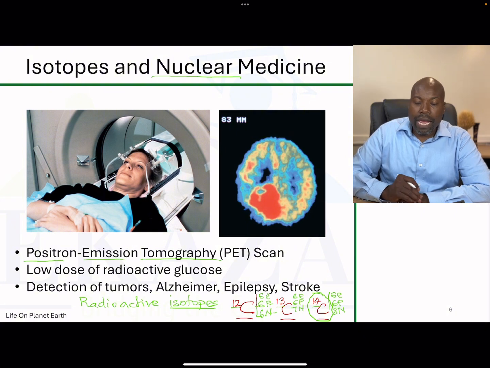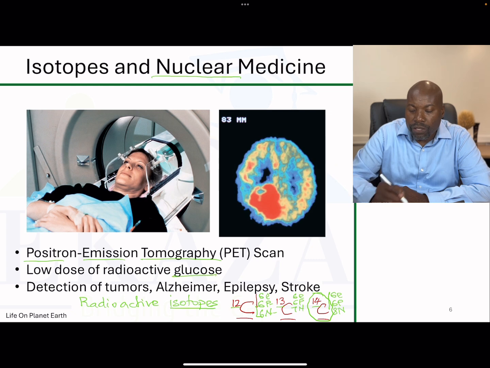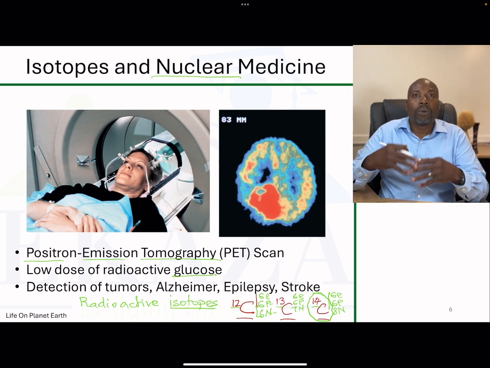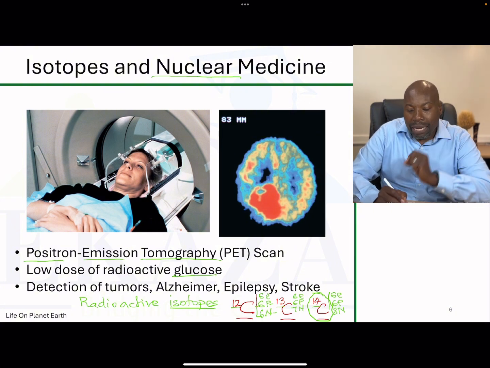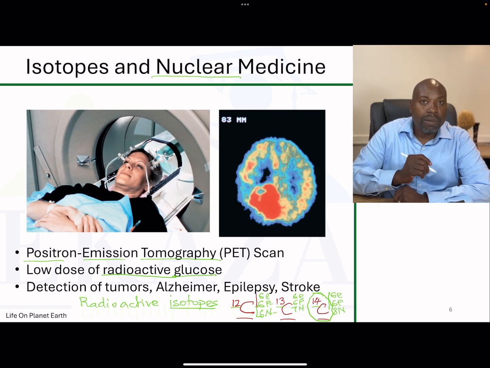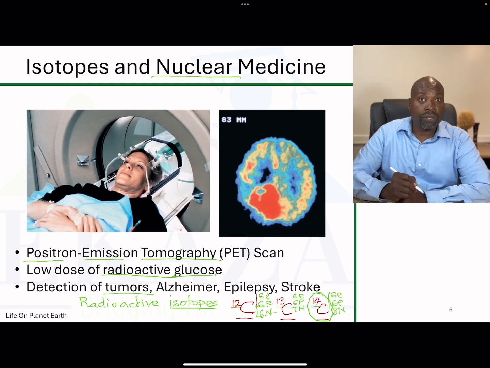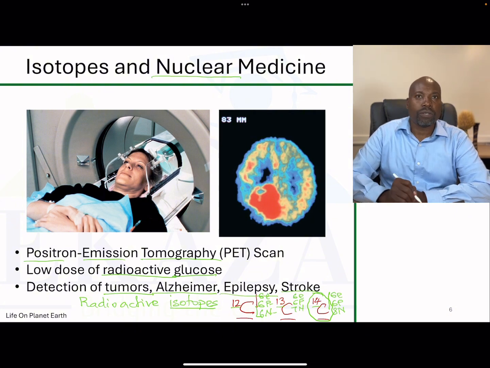Nowadays, we can provide extremely low doses of radioactive isotopes that are incorporated into glucose, for instance. So the patient comes in, we give him a solution of glucose containing a minute amount of radioactive isotope. Now we can run diagnosis for tumors, Alzheimer's, epilepsy, even strokes, right?